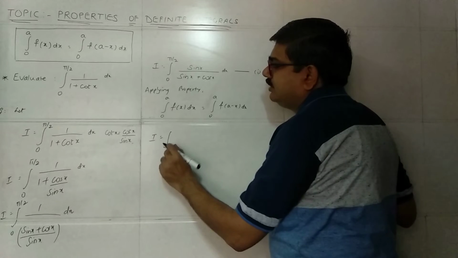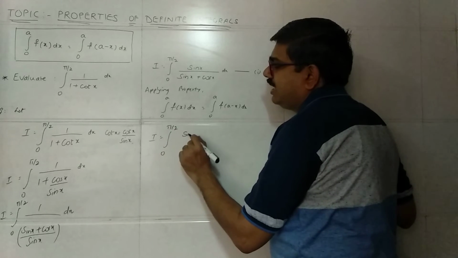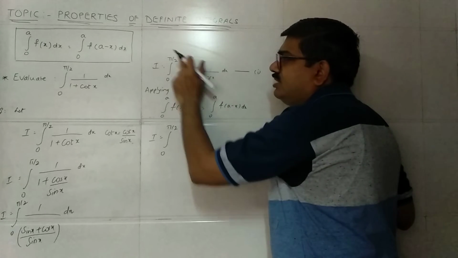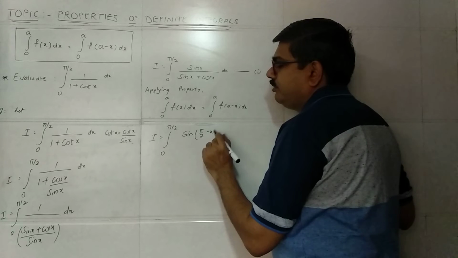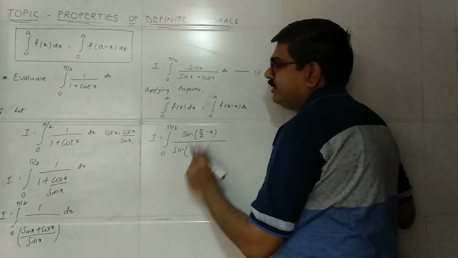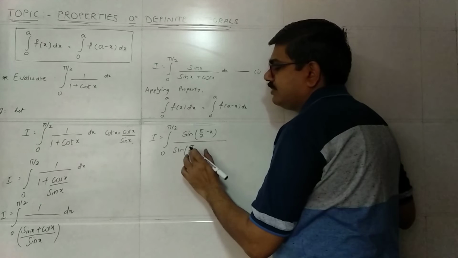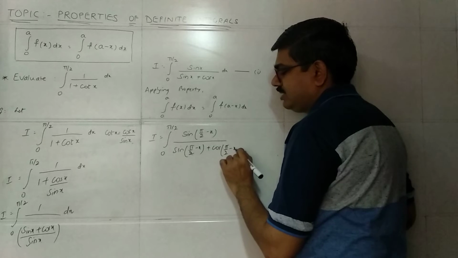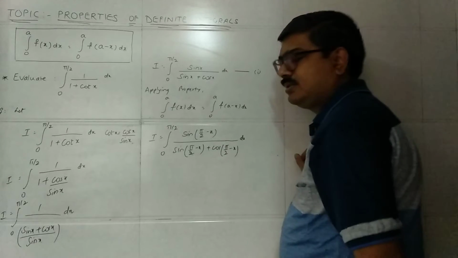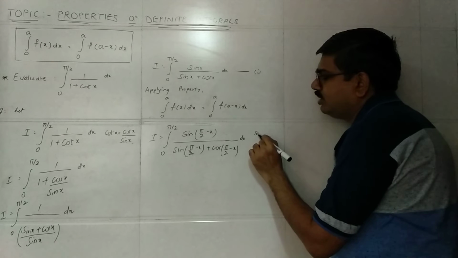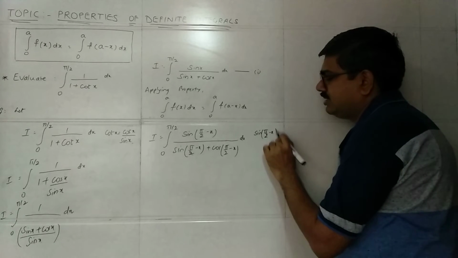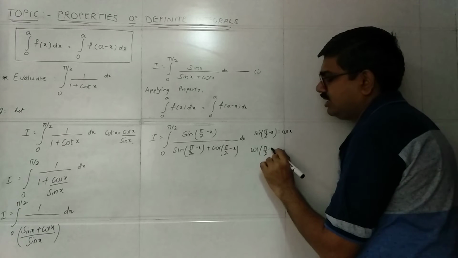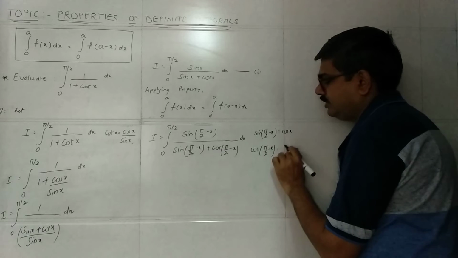So I is equal to integral 0 to pi by 2, sine, within bracket, in place of x, a minus x. Since the value of a here is pi by 2, you have to write pi by 2 minus x. In the denominator, sine pi by 2 minus x plus cos pi by 2 minus x dx. Now again in trigonometry, the value of sine pi by 2 minus x is cos x, and cos pi by 2 minus x is sin x.